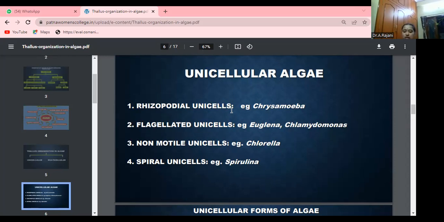The smallest known eukaryotic algae is Micromonas. It is the smallest eukaryotic alga. These are all non-motile.